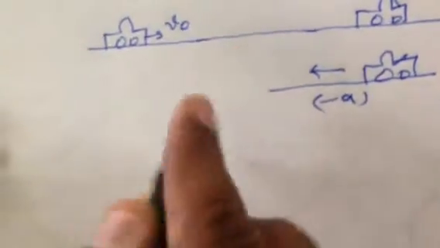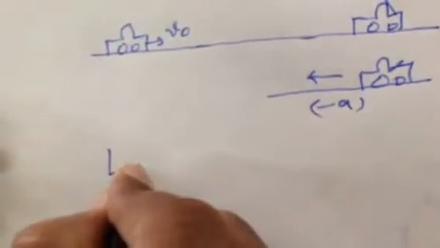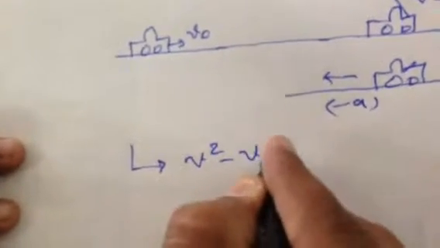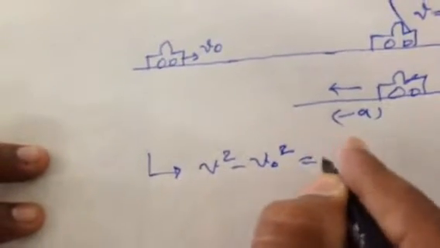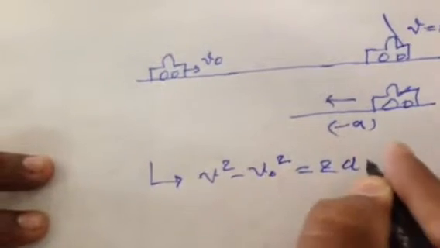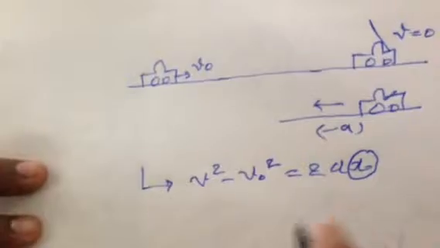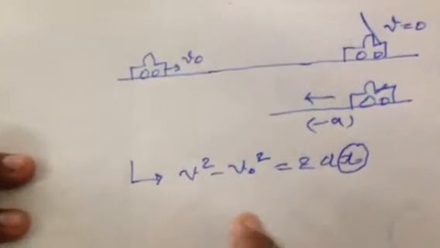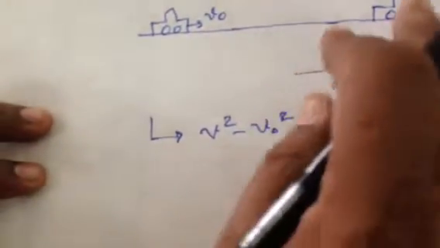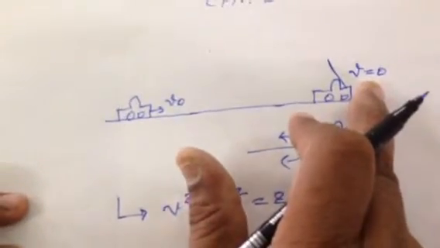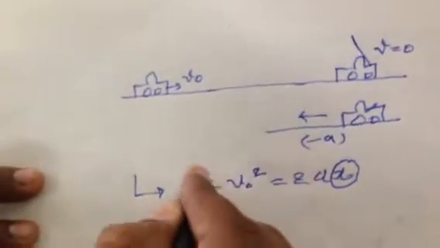So we know that the third equation of motion is v square minus v0 square is equal to twice ax. You know very well, x we have to replace by the stopping distance. So the final velocity, what is the final velocity? It is 0. So you can just cancel it here.